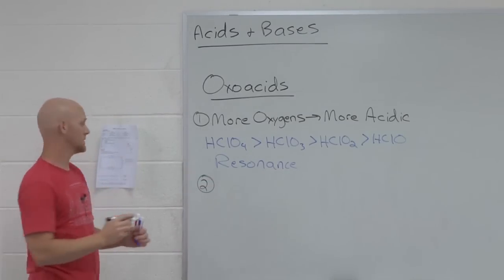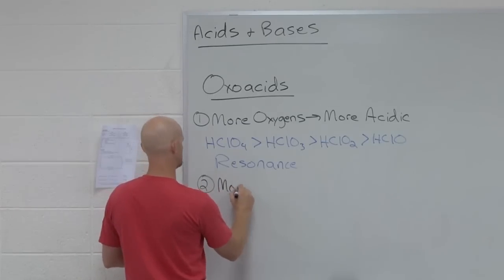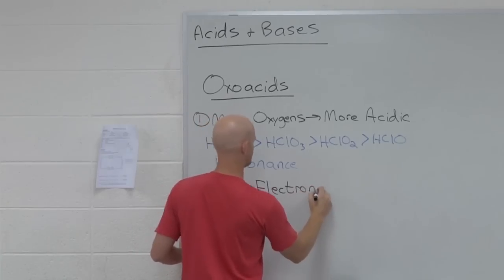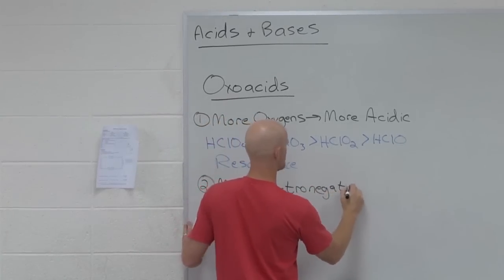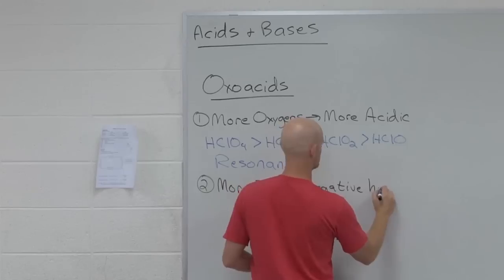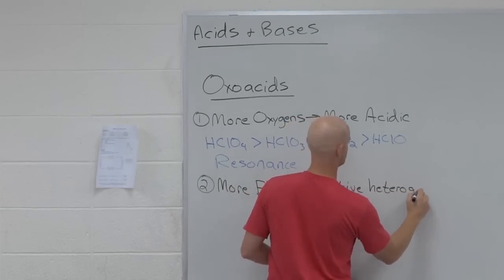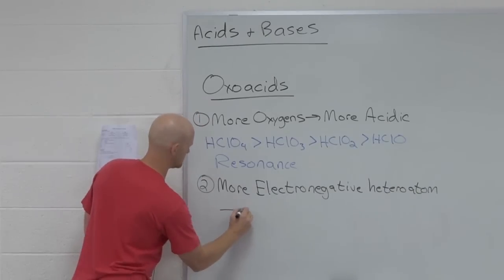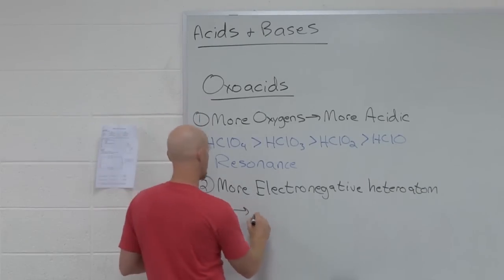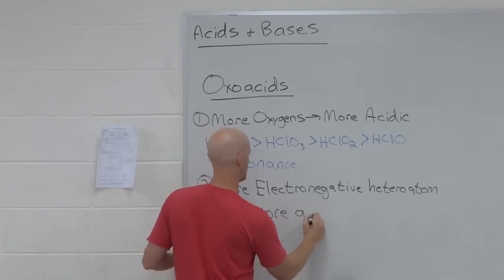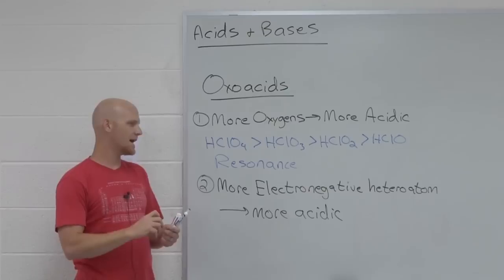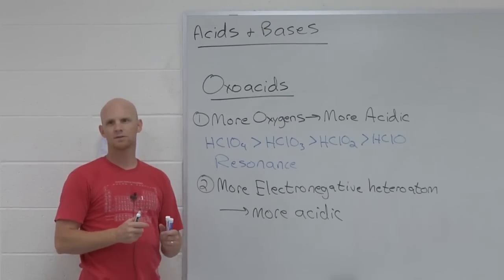So the second rule. It's all about the hetero atom, I'm going to call it. The more electronegative hetero atom, talk about what that means in a sec, but more acidic as well. So when I say hetero atom, what do I mean by hetero first off?